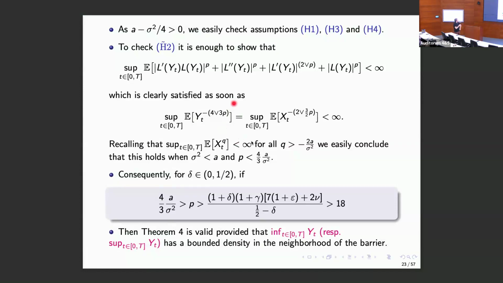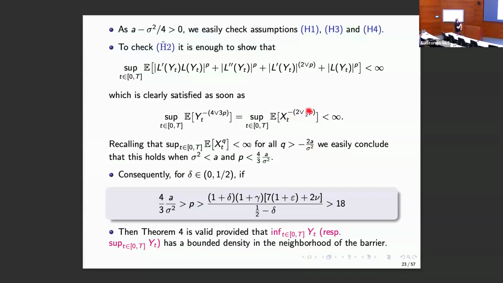H1, H3, and H4 are straightforward, since we have this slightly strengthened assumption for the coefficients. And H2, if you remember, needed moments involving the derivative of the drift and the drift times the drift.